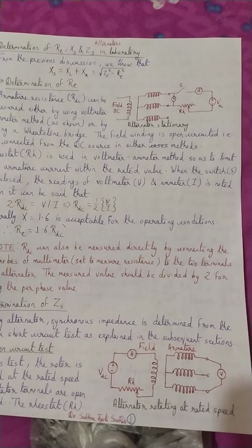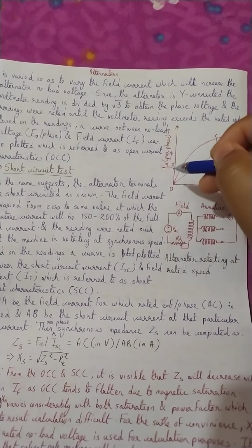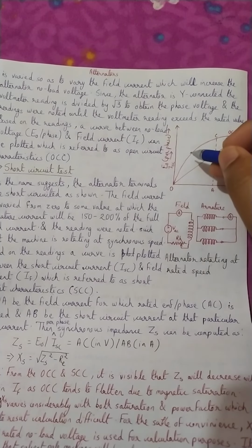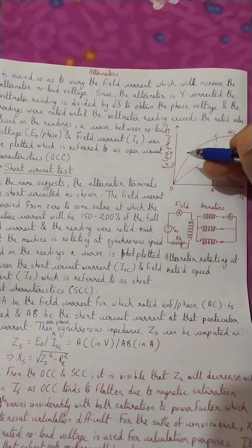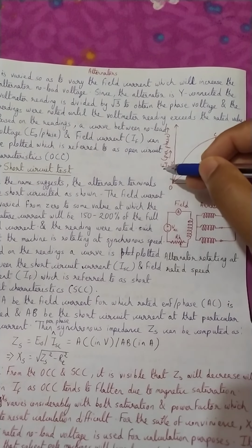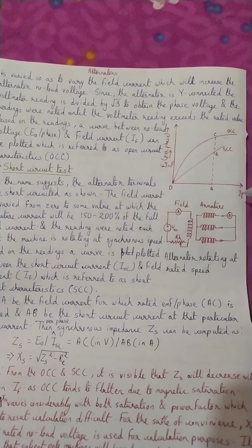We are going to plot a graph. How is the graph going to look? Just see. This upper graph, that is the OCC, is drawn between the no load voltage per phase, E0 per phase, versus the field current.